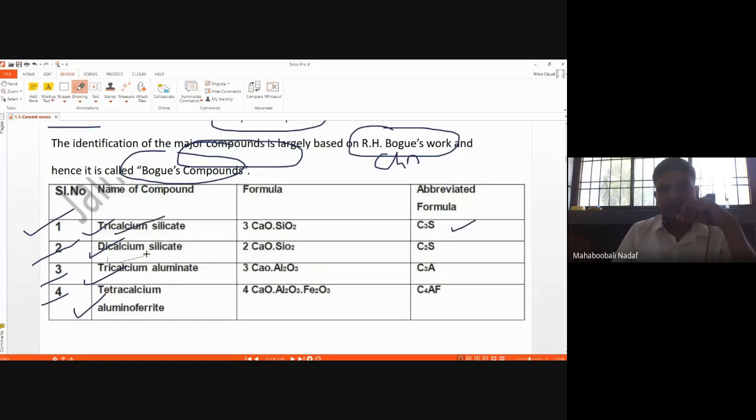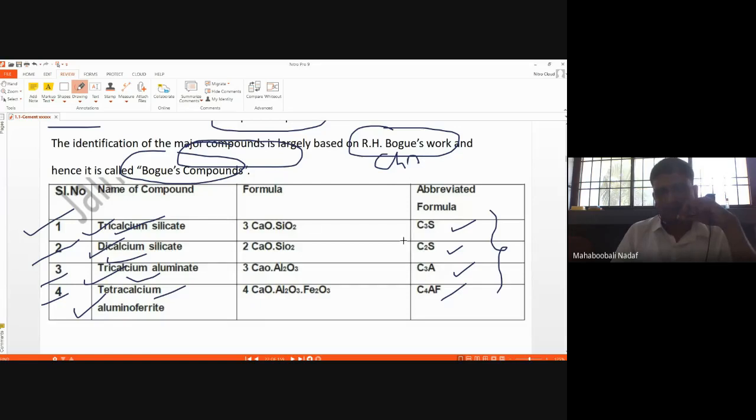Dicalcium silicate is called C2S. Tricalcium aluminate is denoted by C3A. Tetracalcium aluminoferrate is denoted by C4AF. These are very important compounds, Bogue's compounds, present in clinkers or dry cement.